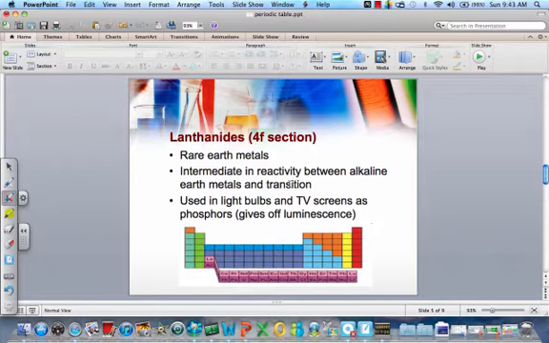So some of them are reactive, some of them are not reactive. And you'll find some of these used in light bulbs and TV screens as phosphors. So these elements that we use as phosphors, they give off light or luminescence. So the lanthanides, remember, are the first row of the f block.